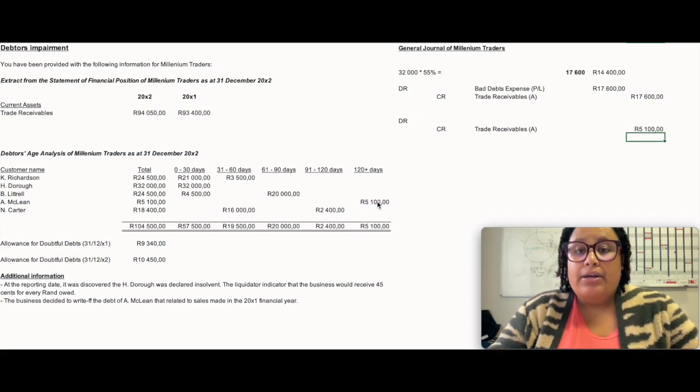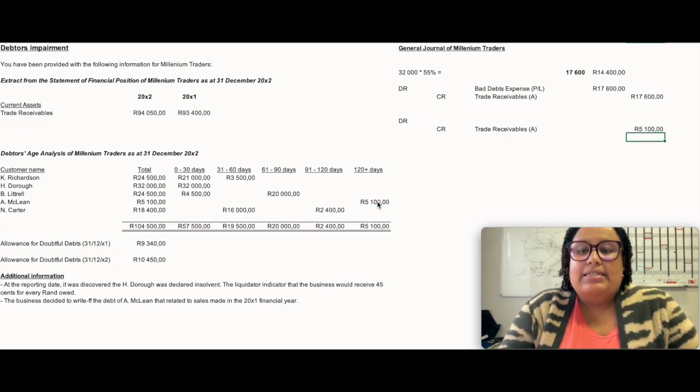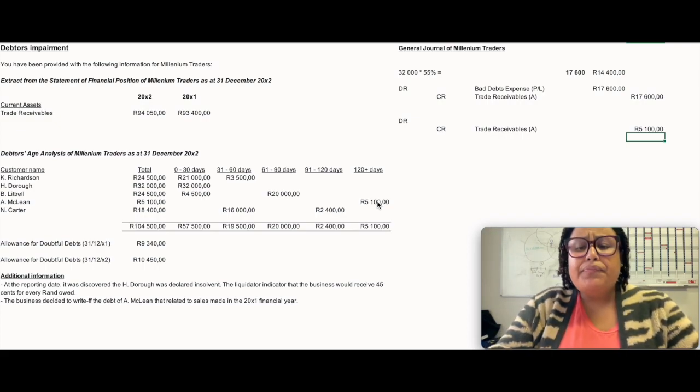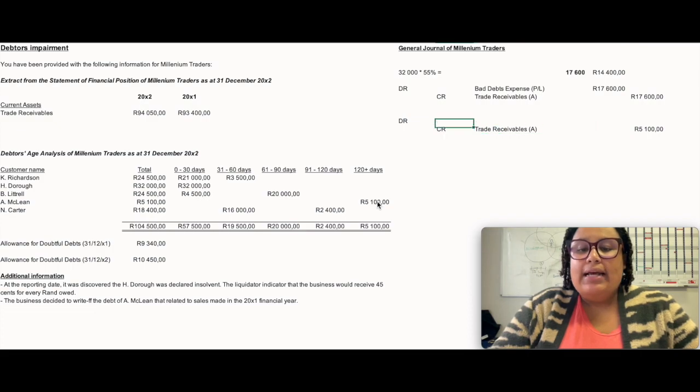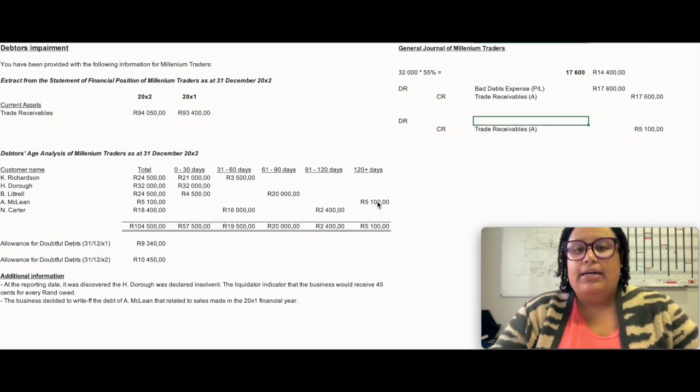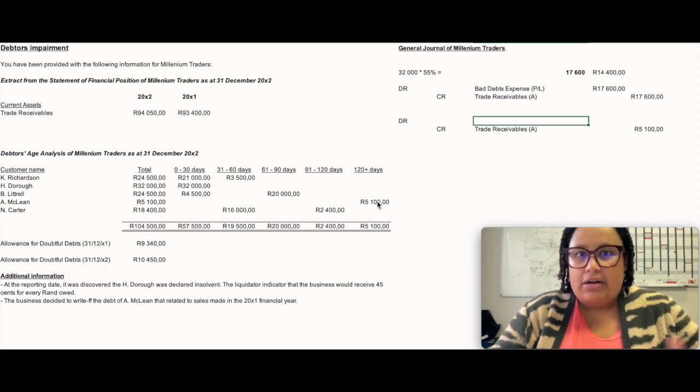And the reason why we credit trade receivables is because this is a specific debtor that we are writing off.